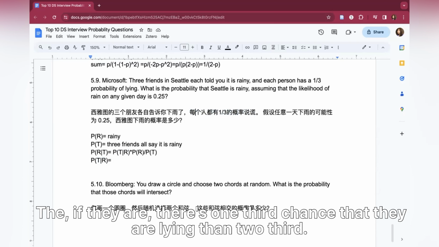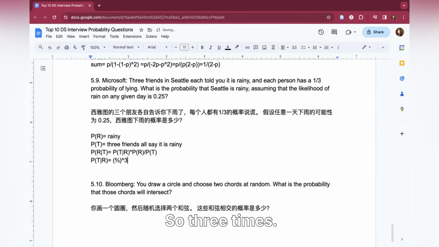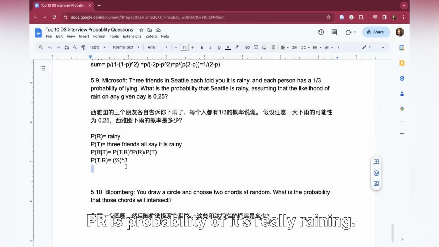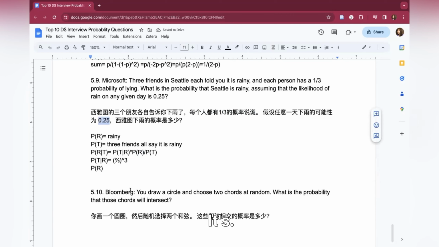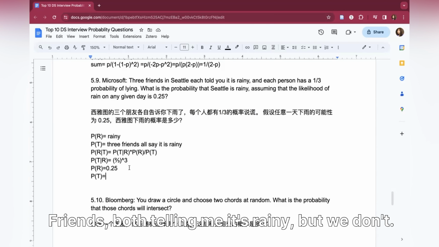There's a 1/3 chance that they are lying, so a 2/3 probability they are telling the truth, so it's (2/3) cubed. And then let's figure out P(R), the probability that it's really raining, which is 0.25.